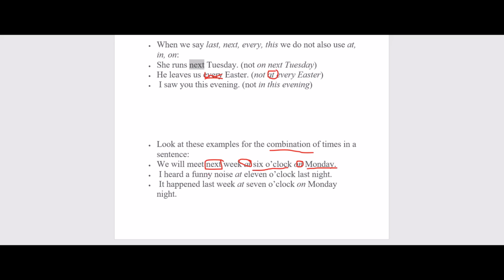I heard a funny noise at 11 o'clock last night. Because last night is talking about the past, you're not using at, on, or in. So last night. It happened last week, same thing, last week at 7 o'clock on Monday. All right, so those are the rules.